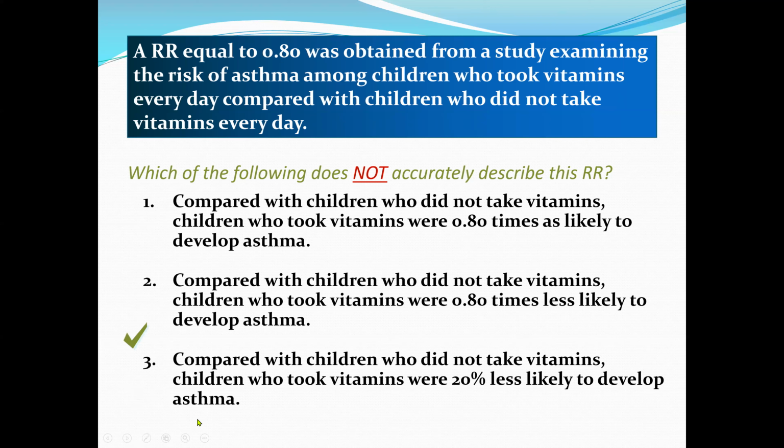So we say again, compared with children who did not take vitamins, children who took vitamins were 0.80 times as likely to develop asthma. And that's true, because 0.80 was obtained from the study comparing those who took vitamins every day with those who don't take it. So it's less.